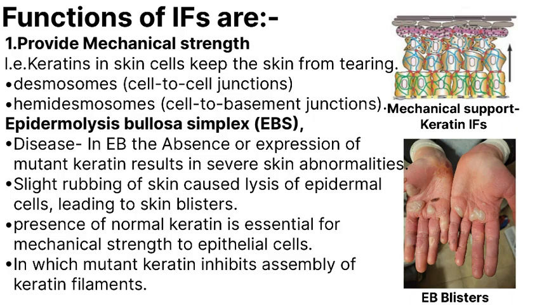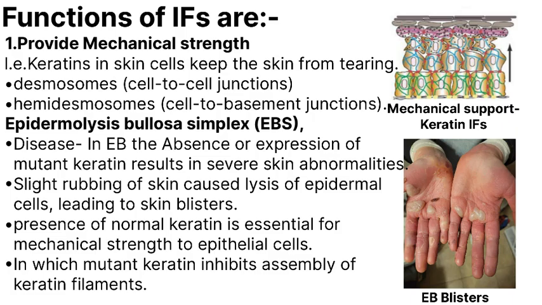For example, keratin links the skin cells tightly so the skin doesn't peel apart. Now you know why the presence of normal keratin is essential for the mechanical strength of the epithelial cells. Now there is a very rare genetic disorder called epidermolysis bullosa based on a similar problem.